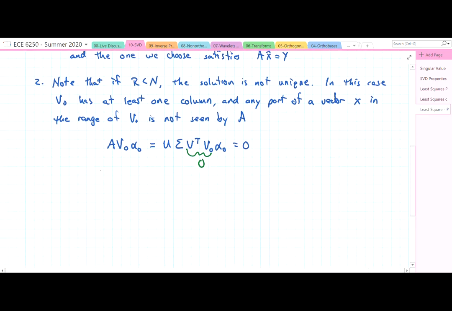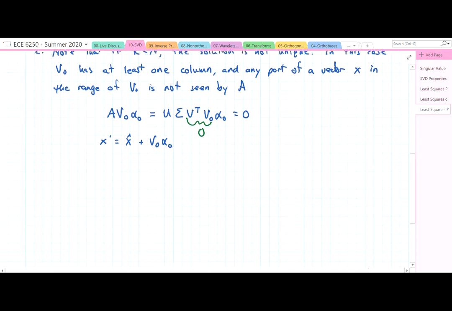So, as a result, we could define x prime equal to x hat plus V naught alpha naught. And that's for any alpha naught in R to the n minus r, we will have exactly the same residual.